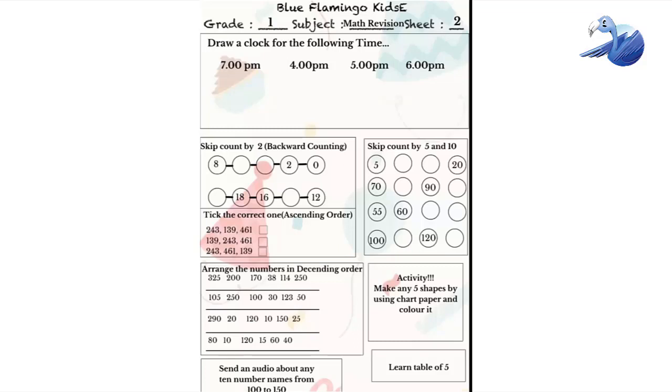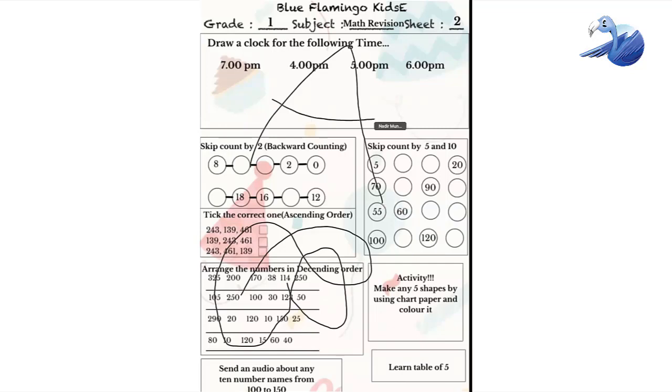So that means 5 p.m. Next is 6 p.m. For 6 p.m. we draw the clock and the small hand of the clock is on 6 and the big hand of the clock is on 12. So the time is 6 p.m. Next is don't touch the sheet.